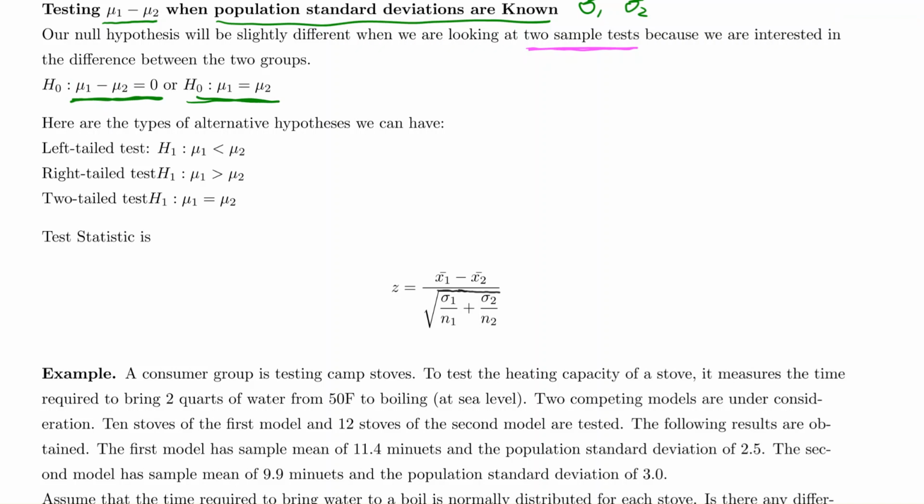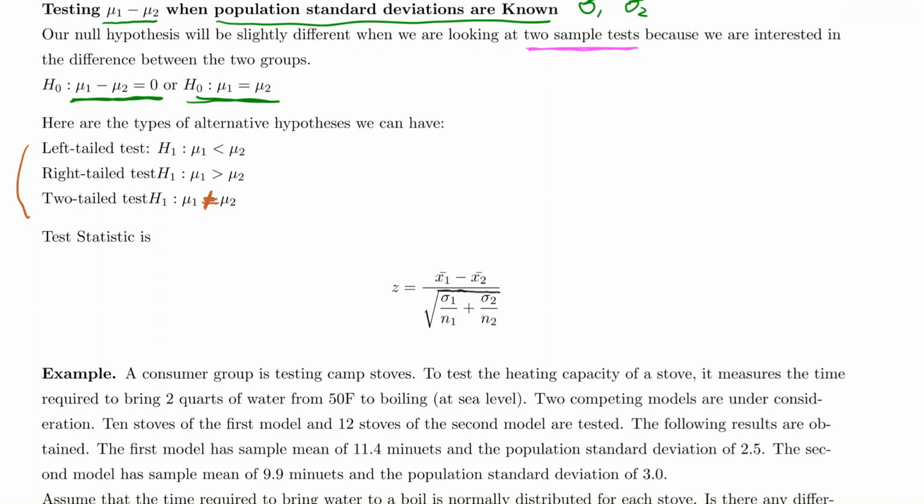And then for the alternative hypothesis, depending on what the problem is asking, we have three options. Left tail test means mean 1 is less than mean 2. Right tail test means mean 1 is greater than mean 2. And for the two tail test, it's actually not equal. Right? This should be not equal.